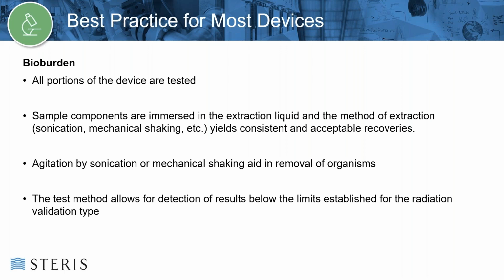Agitation by sonication or mechanical shaking can aid in the removal of organisms. The test method would allow for detection of results below limits established for the radiation validation type. For instance, VD-Max 25 has a requirement that the overall average bioburden is less than 1,000. Our method would need to detect well below that.